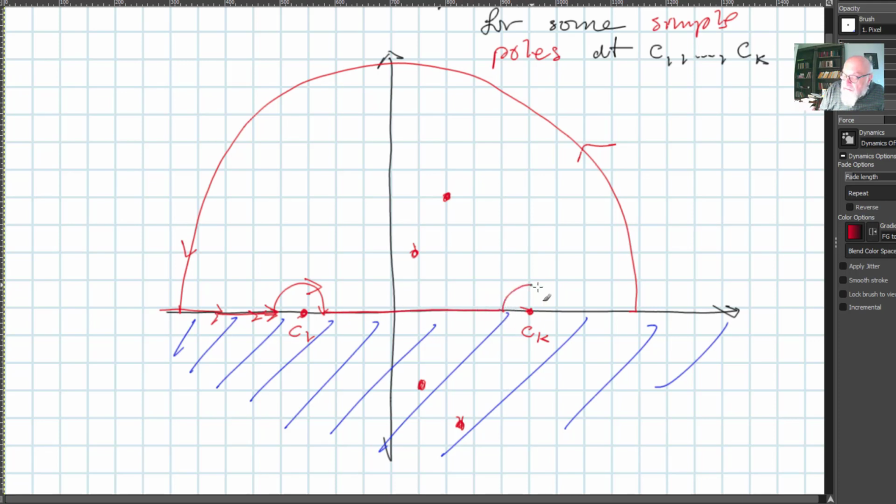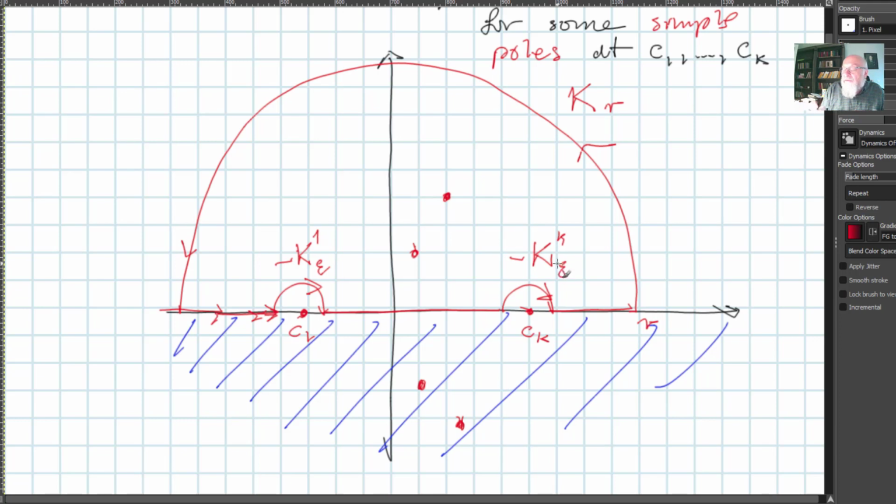In such a case, one will be the big circle. This is my value R, and those are my small semicircles, which will be negatively oriented, notice. This is K1 epsilon, and this will be minus Kk epsilon. There may be more of those points.